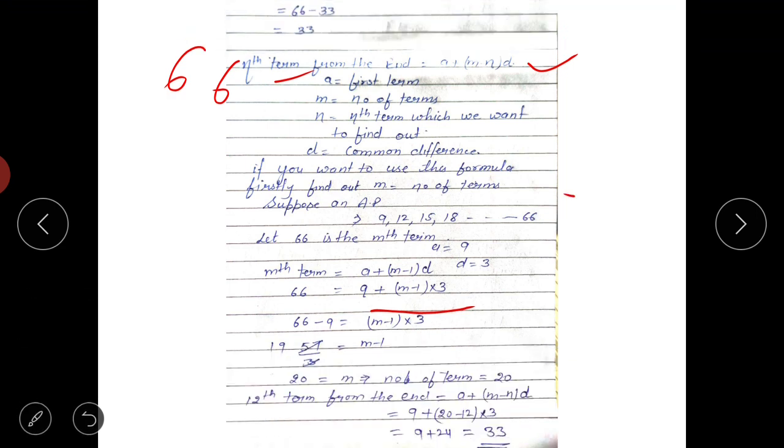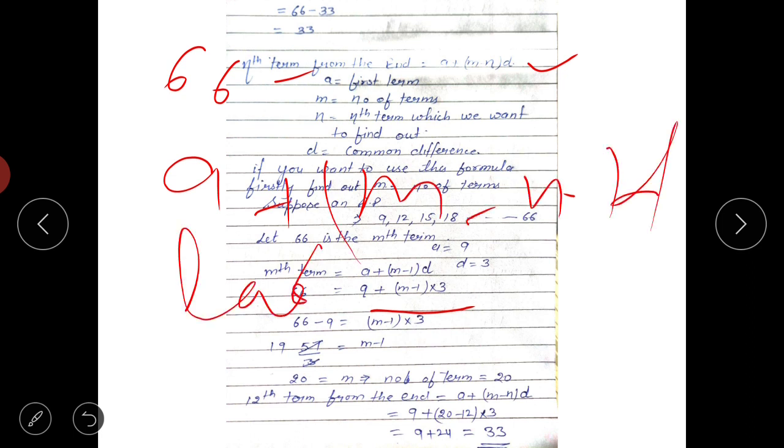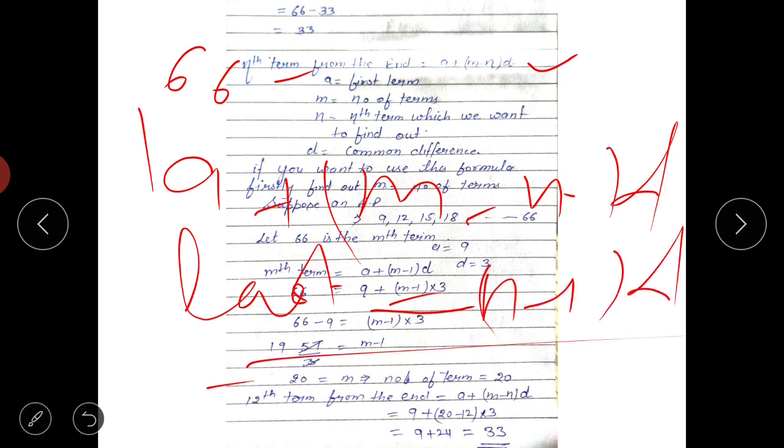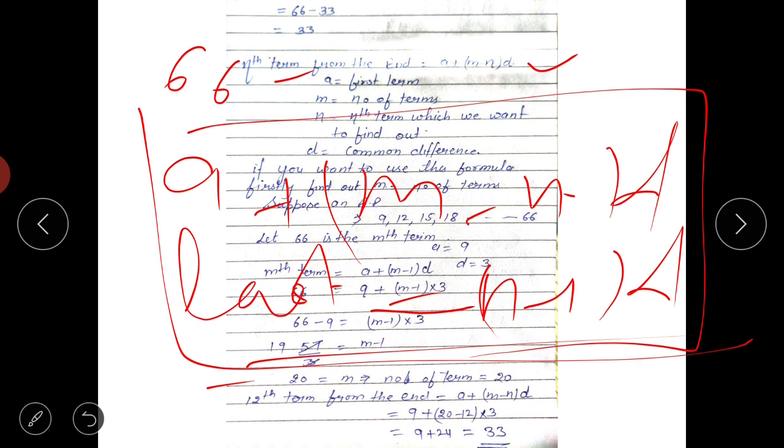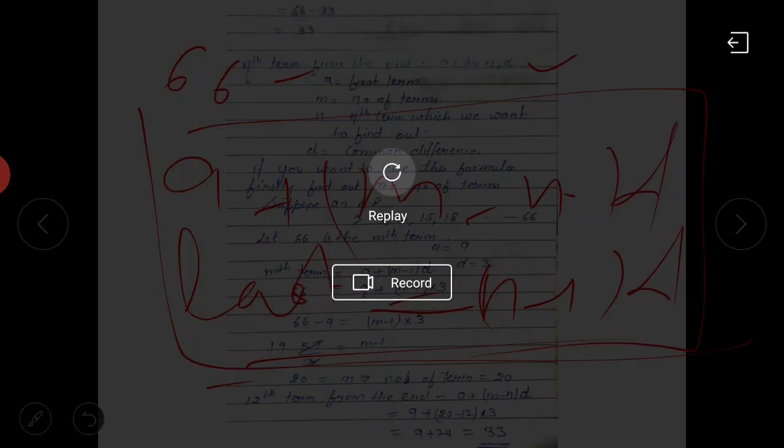One is from the last term, and the other with the formula a plus m minus n into d, and from the last term, last term minus n minus 1 into d. So these are two most important formulas that help you find the nth term from the end. Thank you for watching.